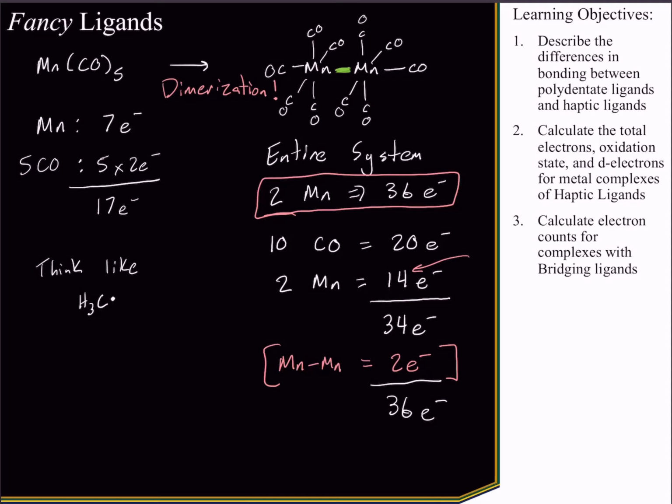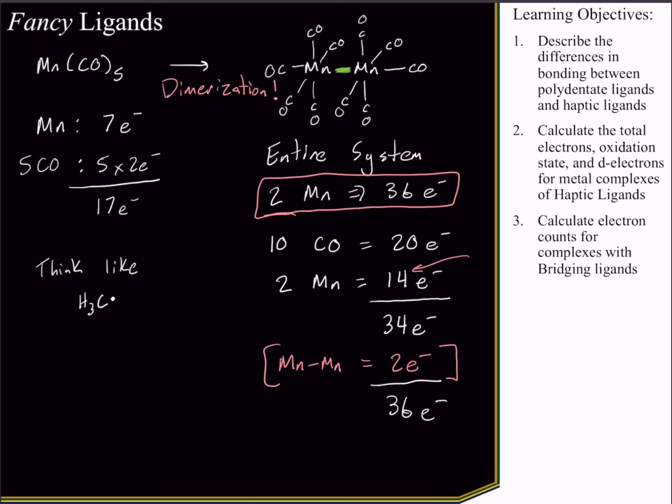Where these 2 electrons come from is just the sharing of these electrons between my manganese centers. So the reason I'm double counting them is because they're sharing with each other. It's kind of weird, but this is how we can use our 18 electron formalism to determine a kind of bond order for our metal-metal bonds.